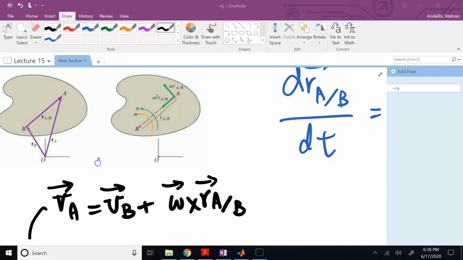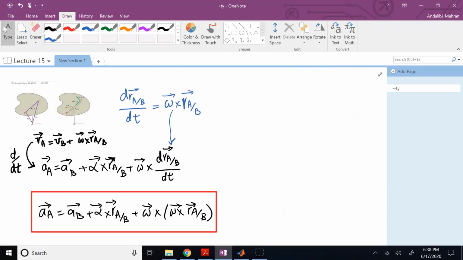So nothing new really. This is what we had in the past too, except in the past when we had pure rotation about a fixed point, we didn't have a of B, right? So if the object does not rotate, it goes through pure translation. What happens? Omega and alpha are both 0.